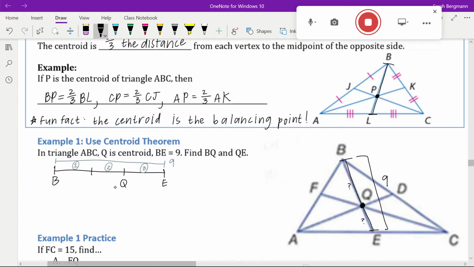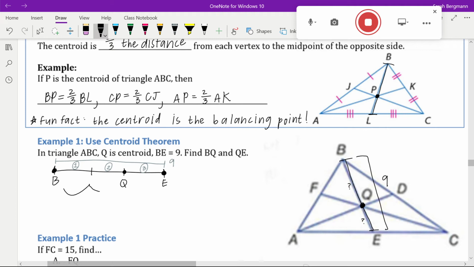So I drew a little picture here. I have BE as this segment, and it is split up into 3 parts. I know Q is 2/3 of the way from B to E. So I split it up into 3 parts, and Q has to be 2/3 of the way there.